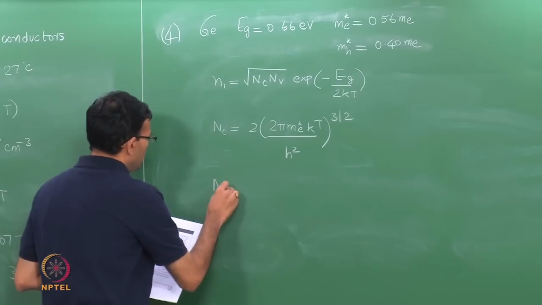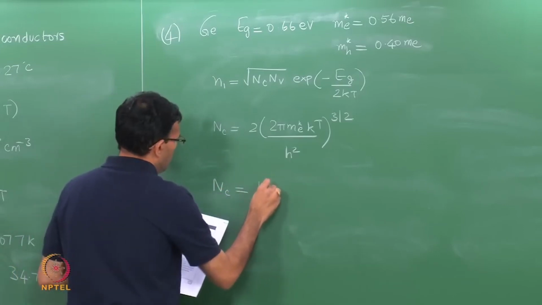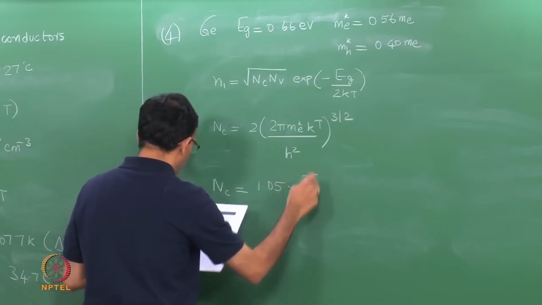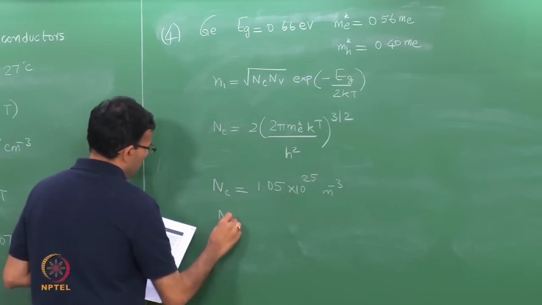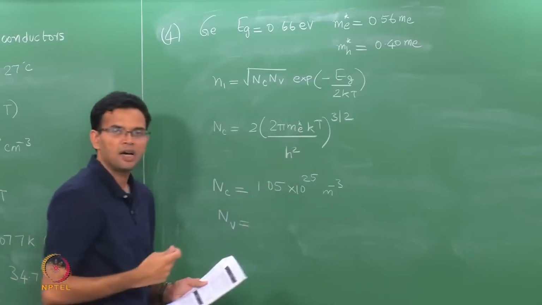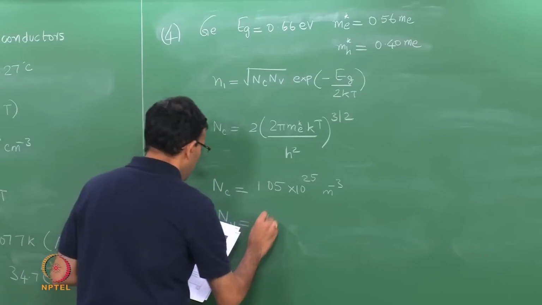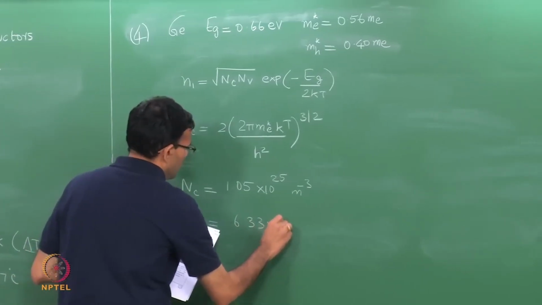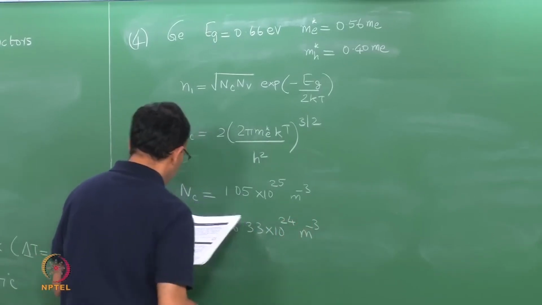So, we will do the numbers, you can write down the final answers. Nc is 1.05 times 10 to the 25 per meter cube. Nv, which is the same equation except Me star is replaced by Mh star, Nv is 6.33 times 10 to the 24 per meter cube.